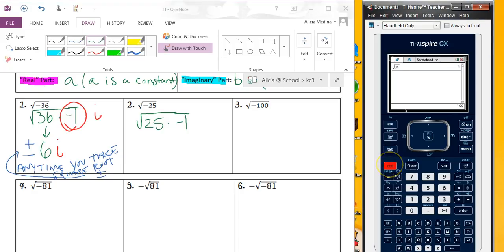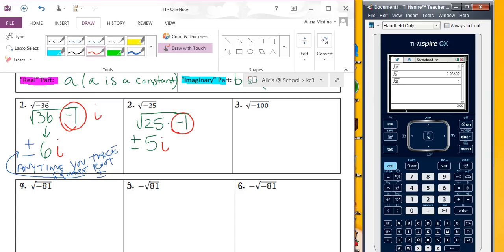Press Control, X squared, type in 25, which is 5. And again, if you can do that in your head, that's amazing. I cannot forget that plus minus sign in front. Bring down my 5, and again, that square root of a negative becomes i. So that's my final answer, plus or minus 5i.